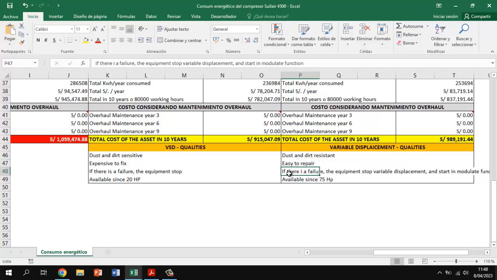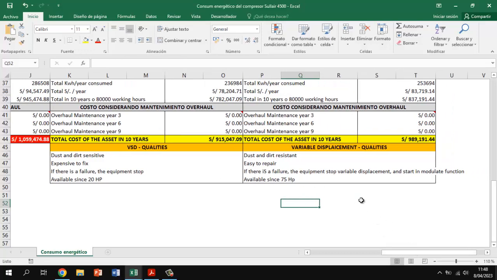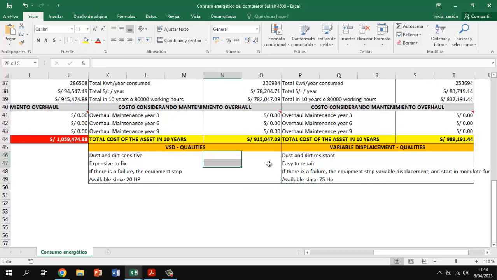And if there is a failure, the equipment stops variable displacement but starts working in modulate function. And this is available from 75 horsepower. This is information that you are going to find in the market.